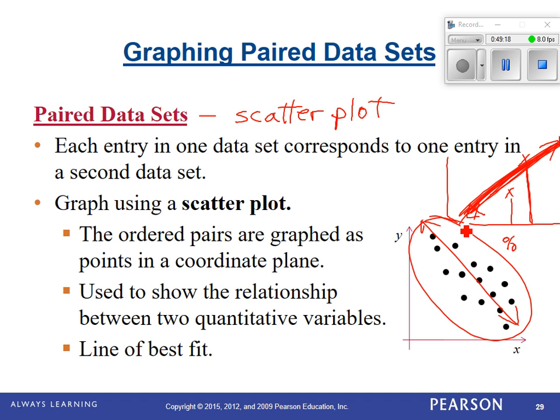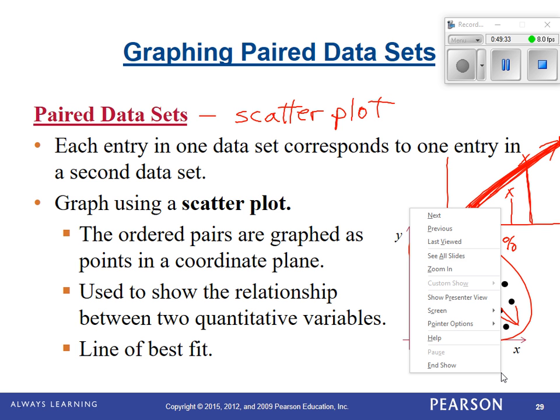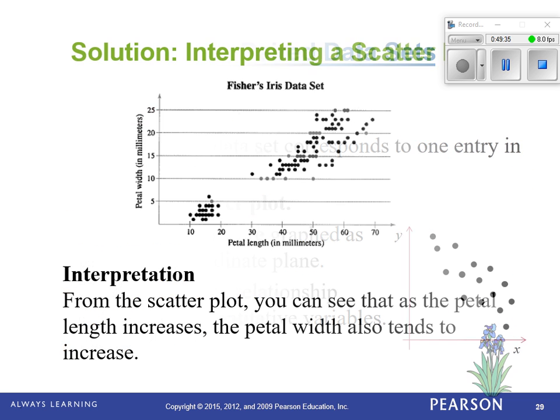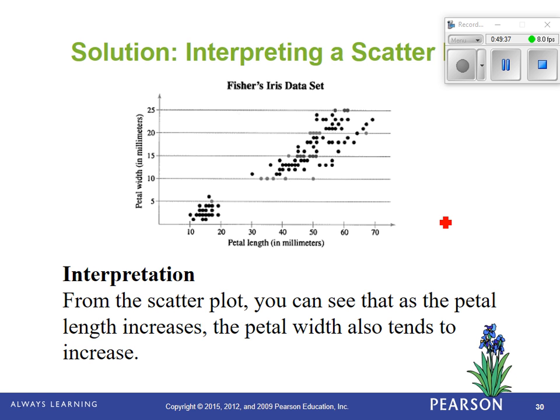Otherwise, you'll have to do it longhand, and you don't want to. We'll talk about most of that stuff later. For now, just knowing what a scatter plot is is good enough.